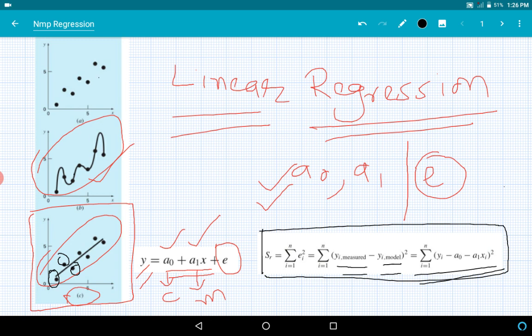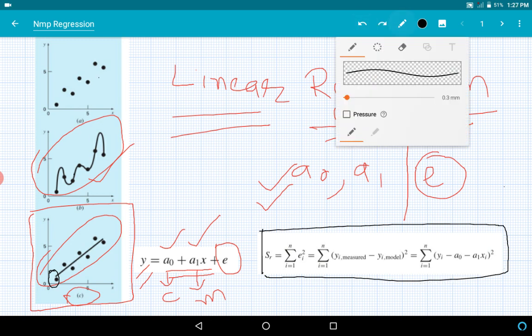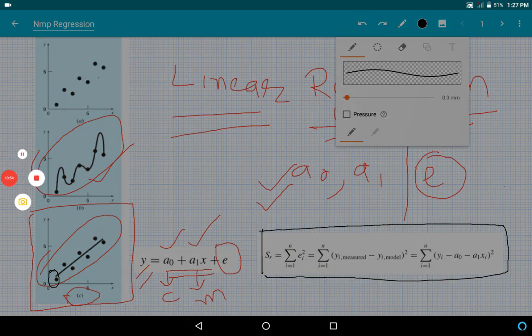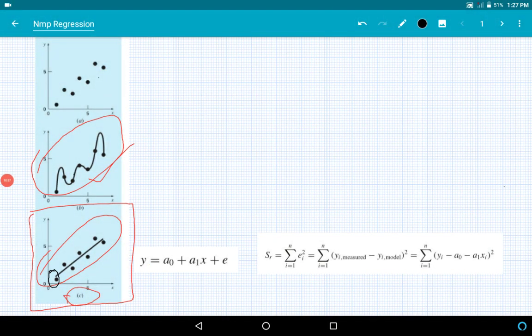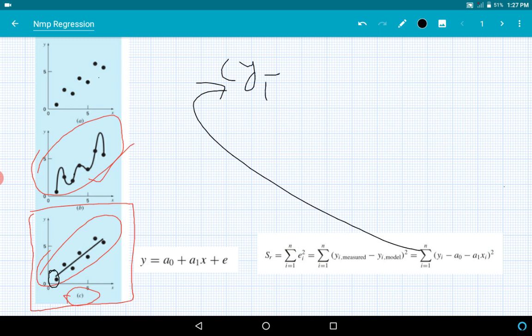If I want to expand this equation, how can I write it for these 7 points? I can write y1 minus a0 minus a1 x1, this whole squared. This will be the one term for the first point, right?